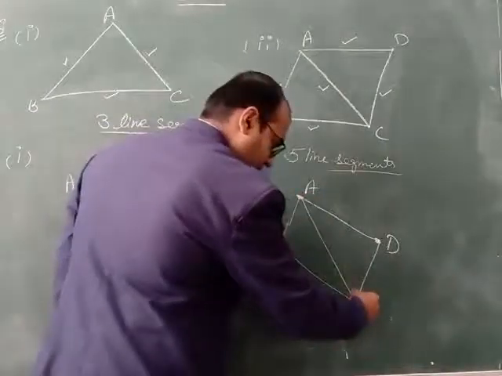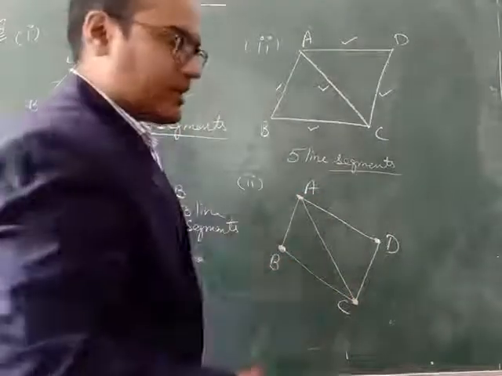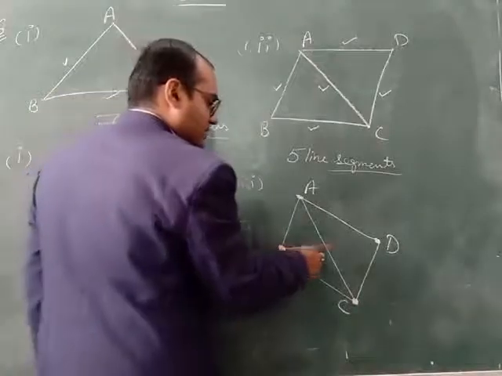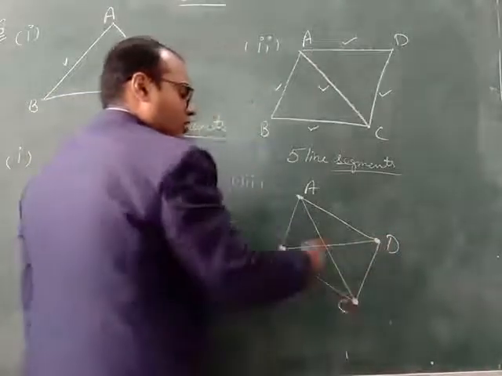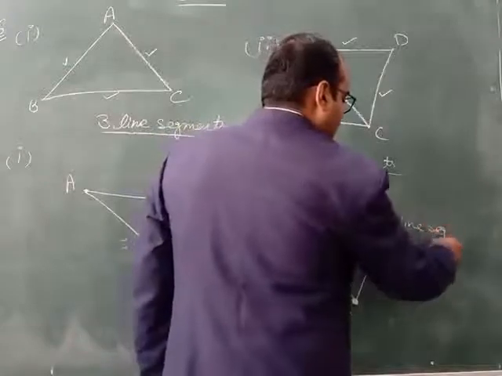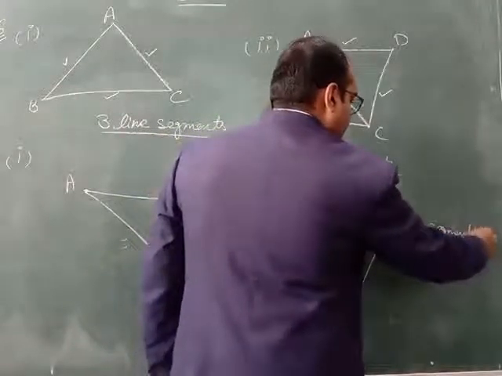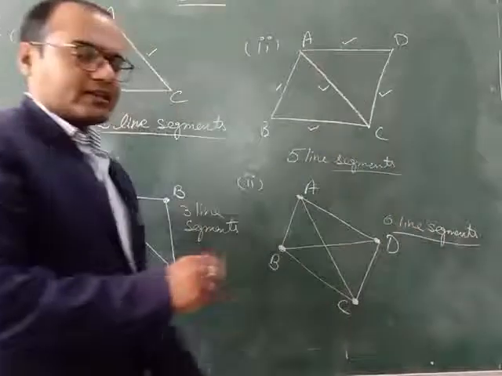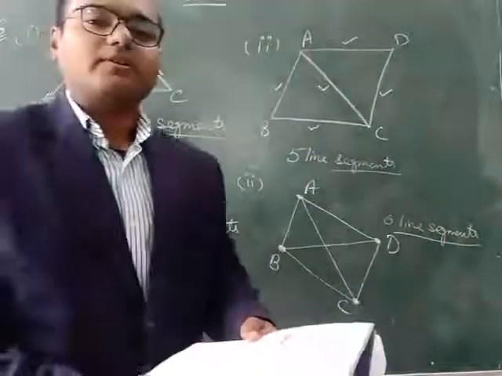Fifth is AC, this is the line segment AC, and the sixth one is BD. So the total number of line segments is 6. So you have to write 6 line segments. So like this we have to do question number 7.